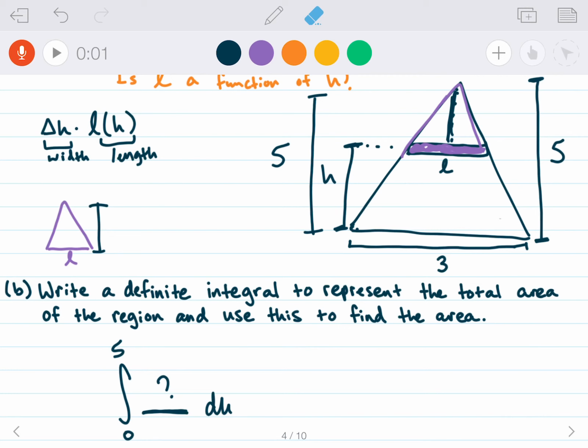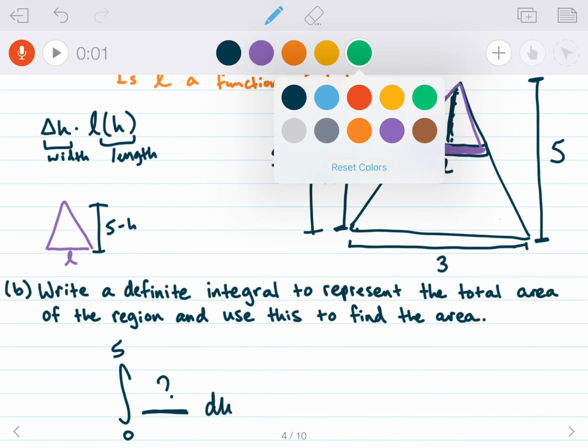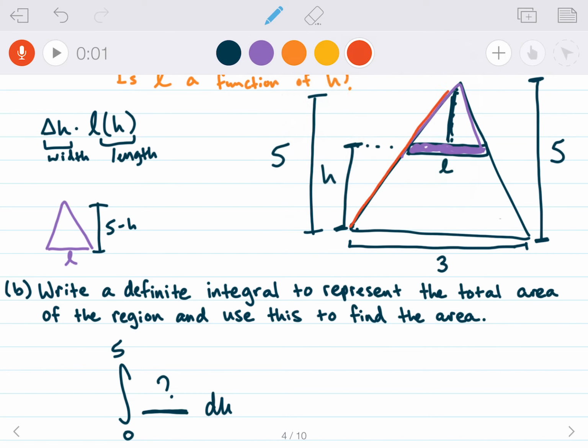We're getting somewhere, I think. And now what's cool is that we have this giant triangle whose height and base we know: the base is 3 and the height's 5.